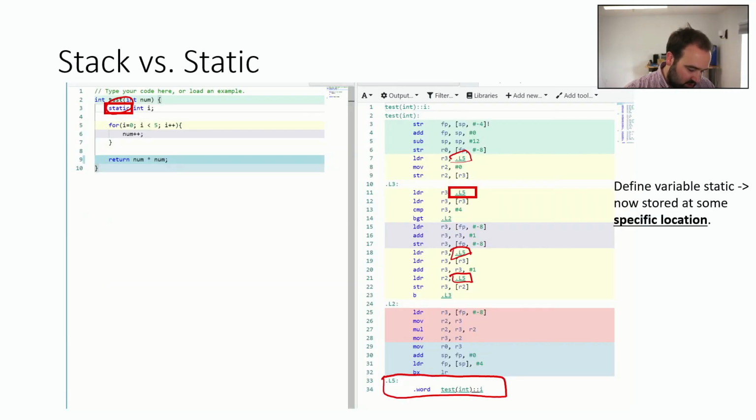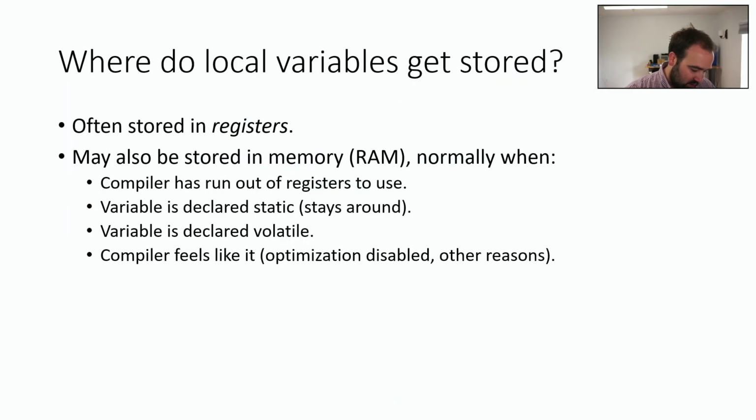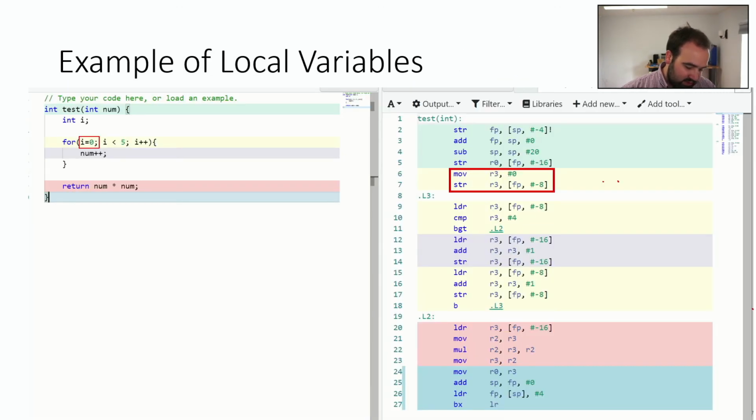The other thing that's going to be important to take a look at is, if we're looking at this code here, we see R3 used throughout. And R3 actually represents different variables. If you look over here, we have the num variable and we have the I variable. They're all using R3 because the compiler loaded R3 here, did a comparison, and didn't need to store it back because it didn't change it yet.